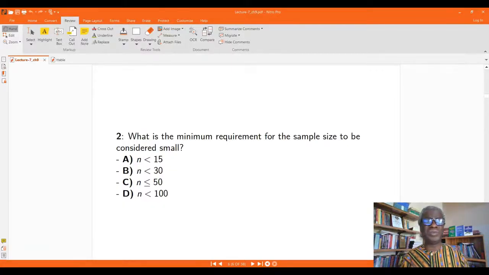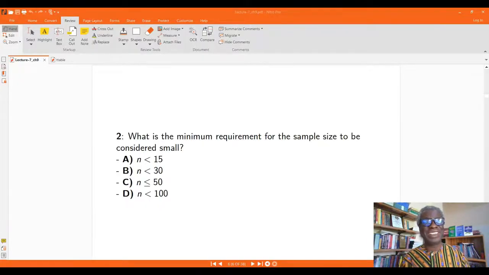Question 2. What is the minimum requirement for the sample size to be considered small? If you also listen, then you should get this.